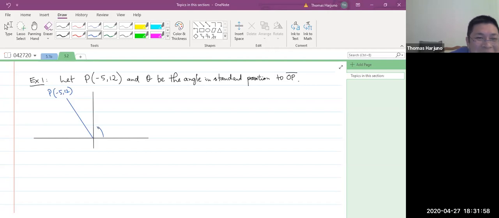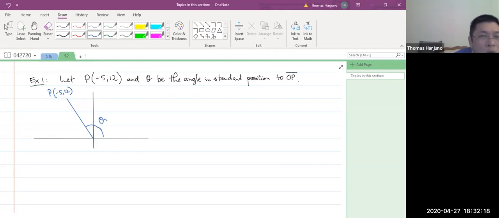Okay, so the theta we were dealing with is this theta. Notice this theta is more than 90 degrees now. The way we define sine, cosine, tangent in the right triangle approach will not allow us to deal with angles more than 90 degrees.